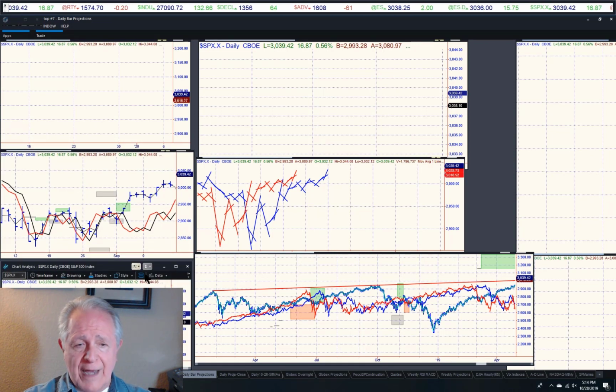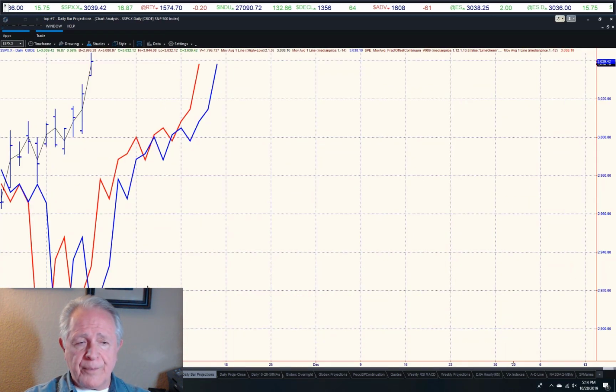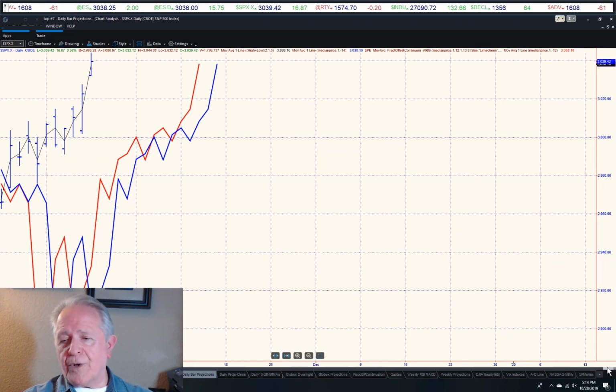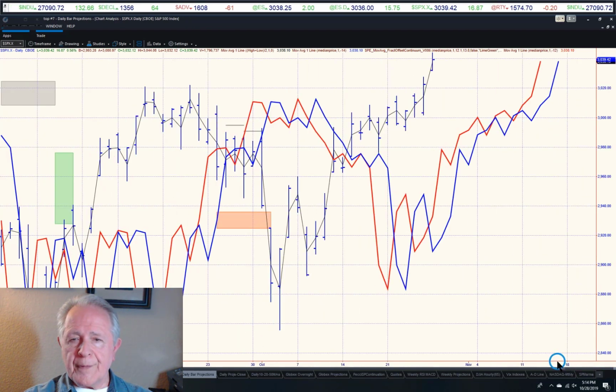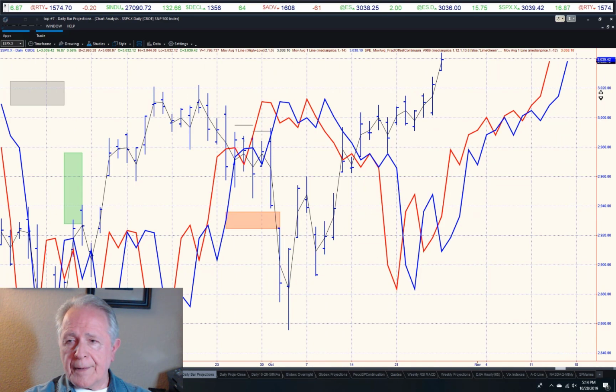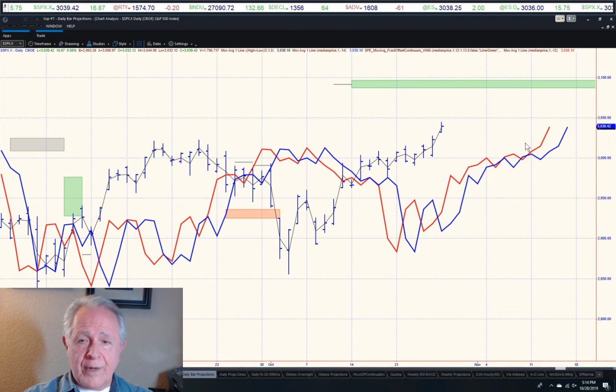This is a nominal 5-week projection that we're looking at now. And on this projection, if we move the chart over, we indeed do have higher projections.